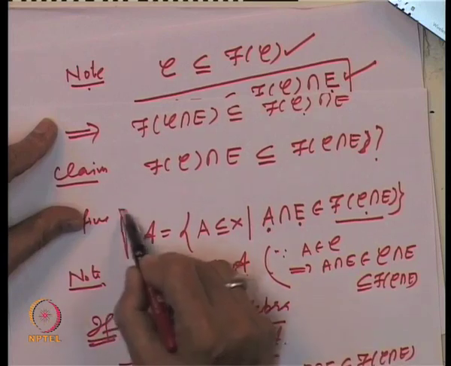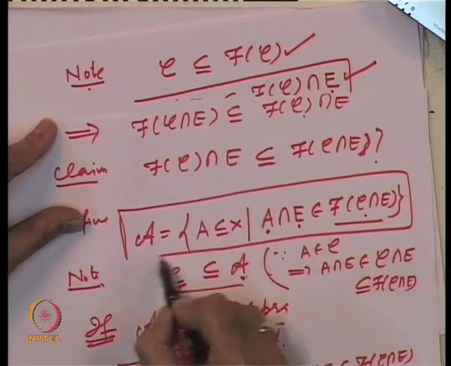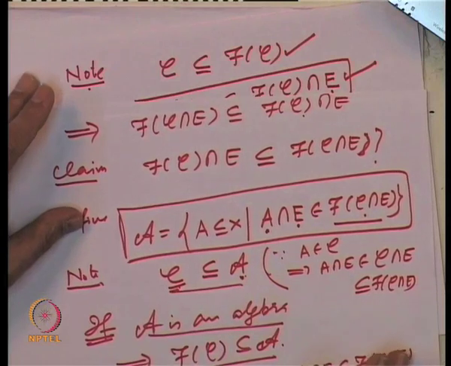So, now let us look at this and show this is an algebra of subsets of the set X. So, let us start observing.